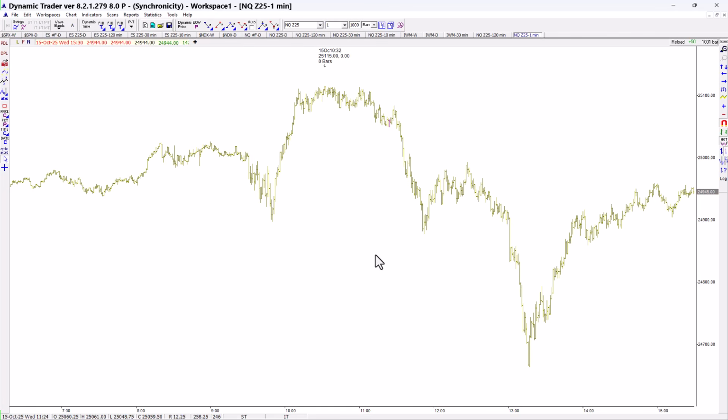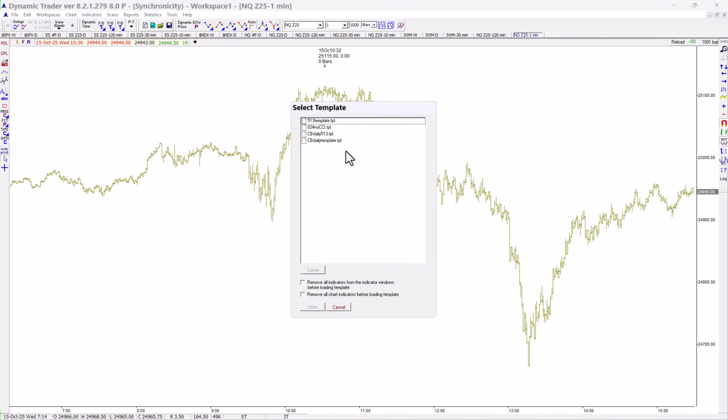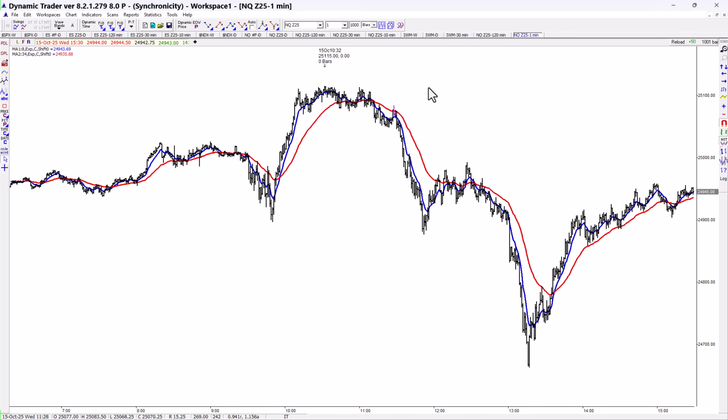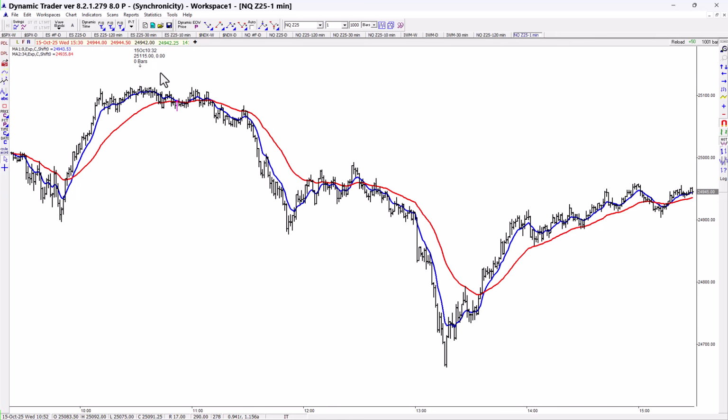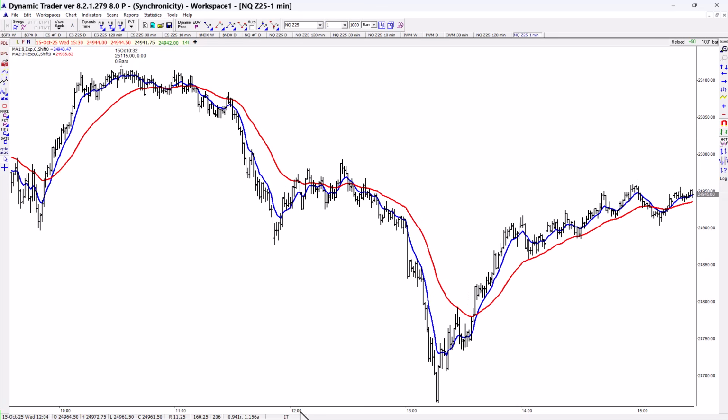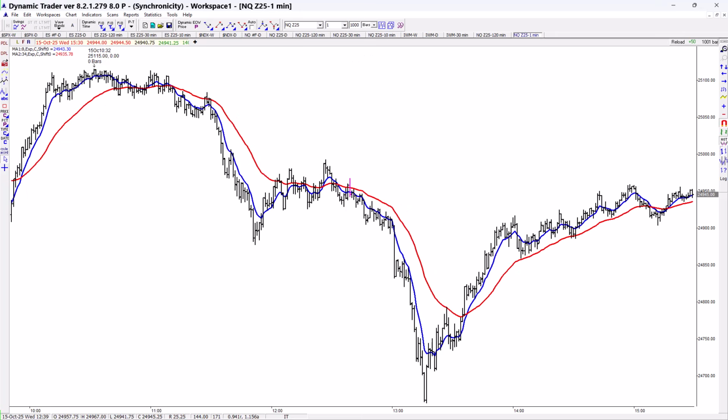Yep, there's the 251.15. So what I'm going to do is add the template here, the 834 EMA crossover, and then I'll show you where the trigger was. Okay, so there we were hitting resistance, and then the trigger was when we both saw it take out a prior swing low, like we did over here.